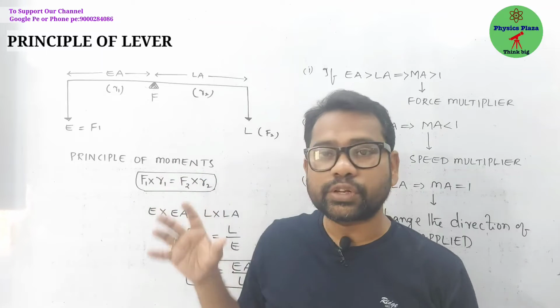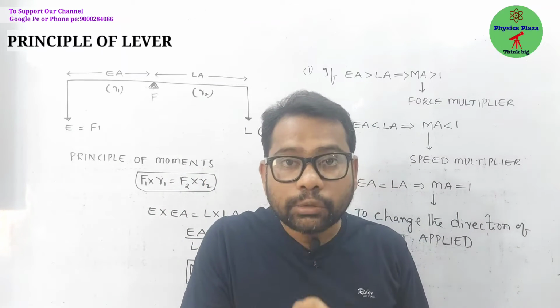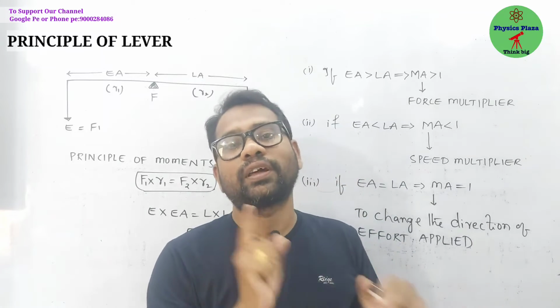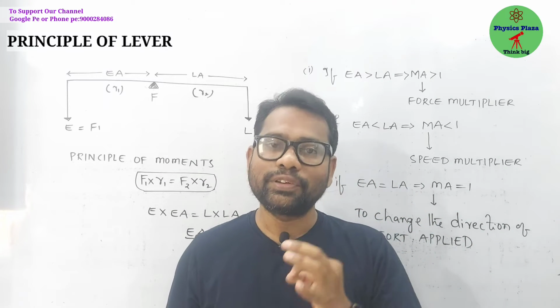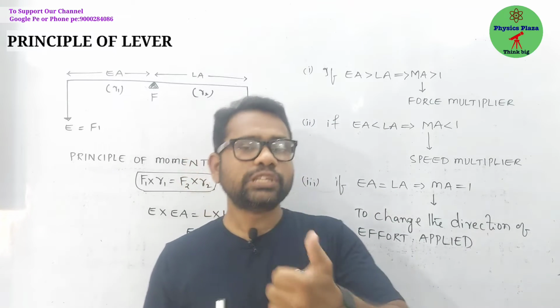So especially coming to the levers, children, levers are classified based on the relative positions of effort, load, fulcrum. So based on the relative positions of fulcrum, load, effort, levers are classified into three categories. Class 1 levers, children.